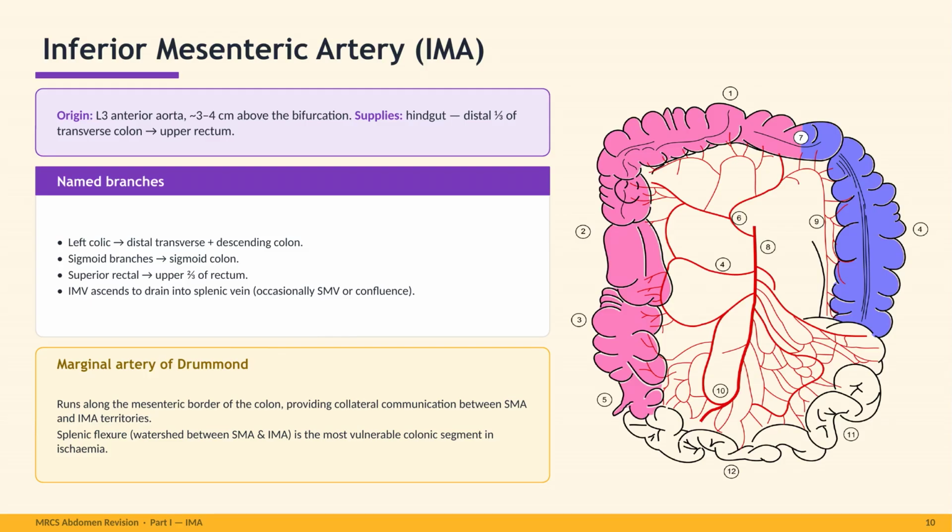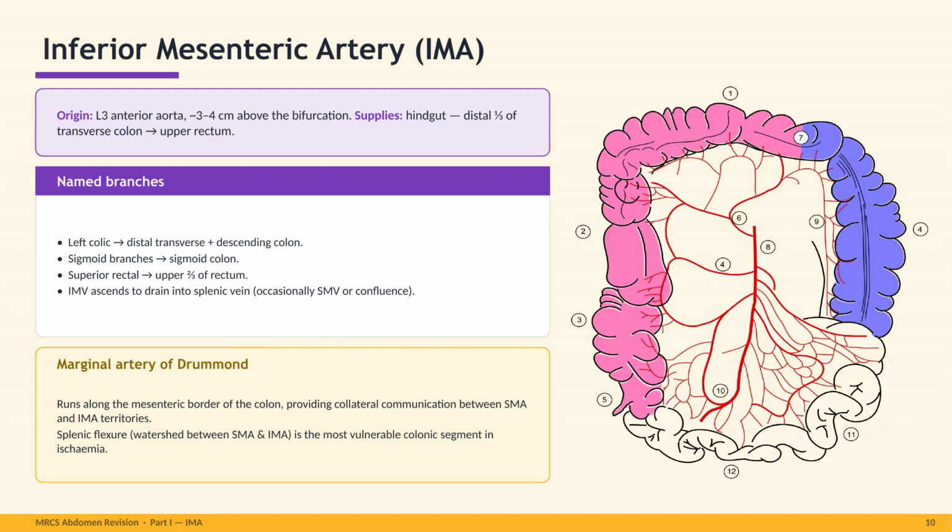The IMV ascends and drains into the splenic vein, though occasionally directly into the SMV or at the splenomesenteric confluence.